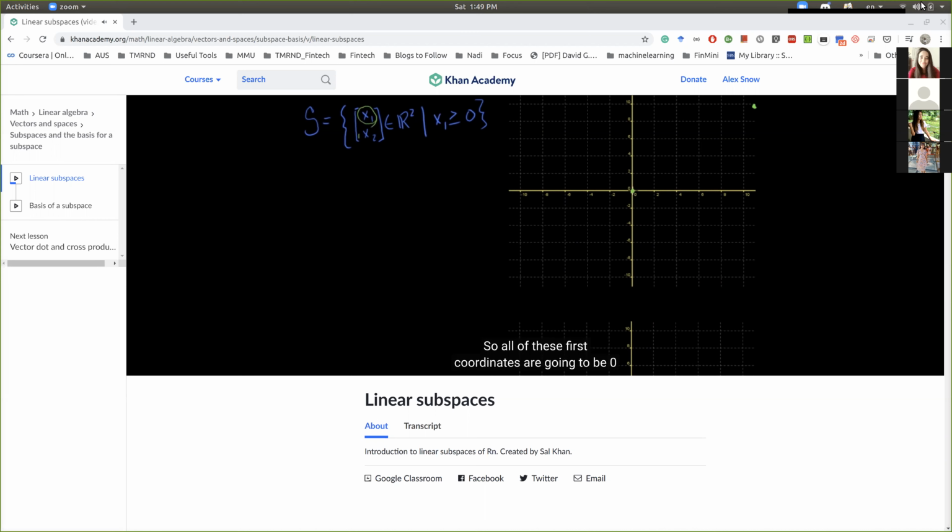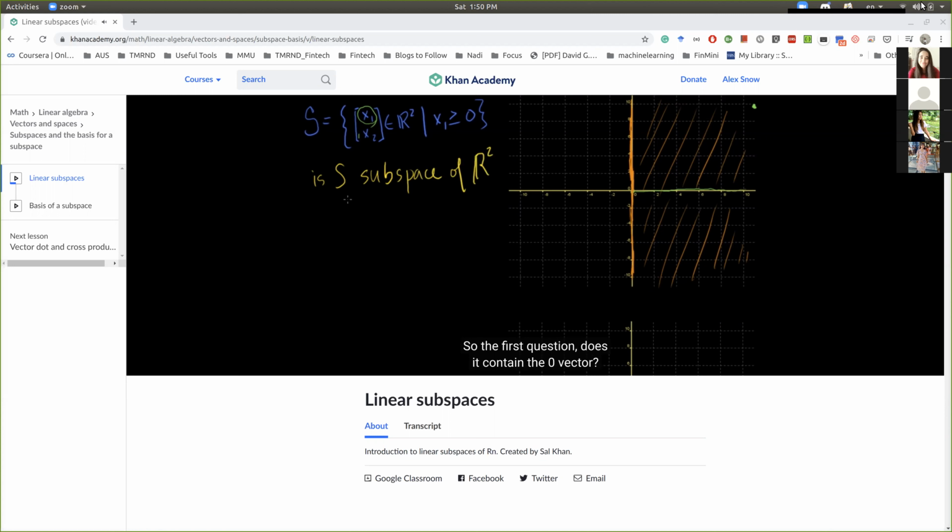So this subset of R2 is essentially my entire Cartesian plane, but it would include the vertical axis, often referred to as the y-axis, and essentially the first and fourth quadrants. You remember your quadrant labeling, so that's the first quadrant, and that's the fourth quadrant. So my question to you is, is S a subspace of R2?